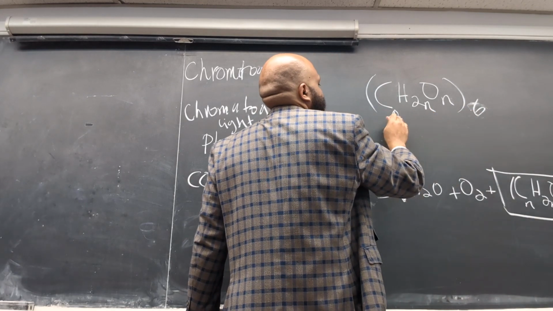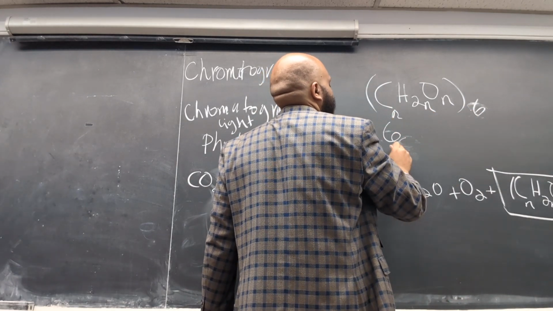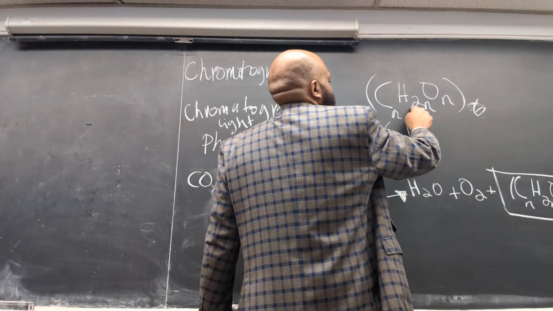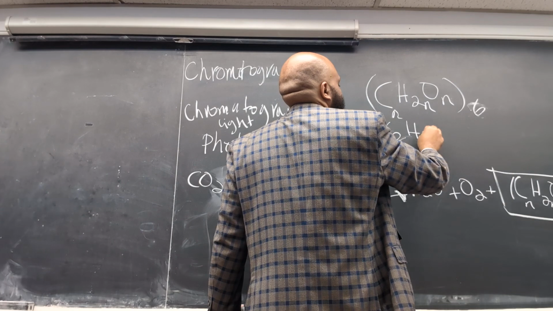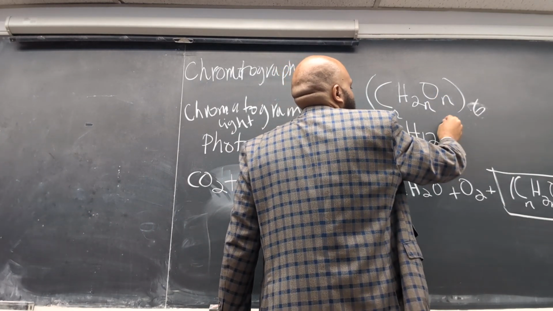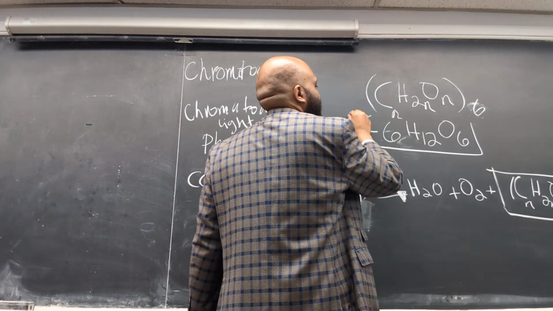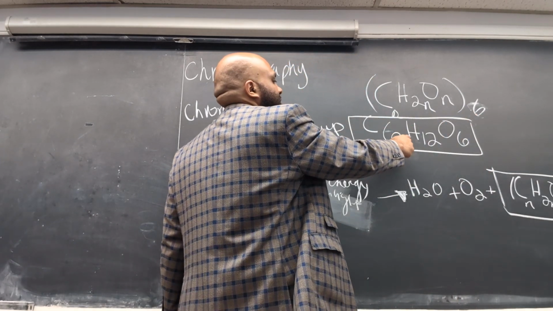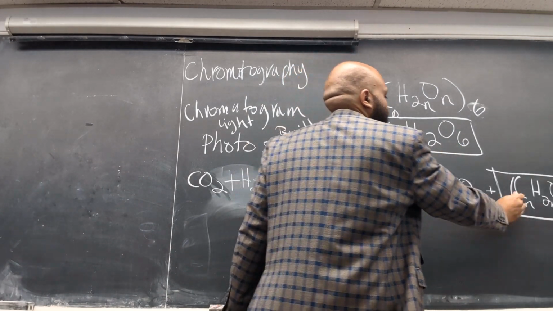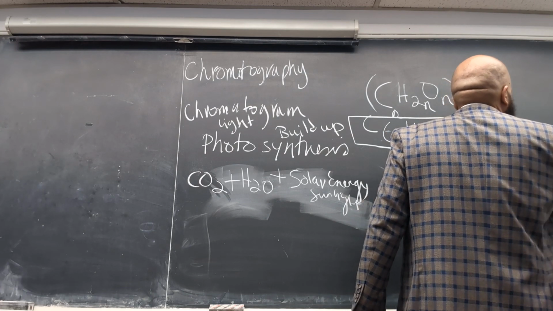So 6 times carbon, that's 6 carbon atoms, and 6 times 2n for the hydrogen, that's 12 hydrogens, and 6 times n for the O, that's 6 oxygens. That is the formula for glucose: 6 carbons, 12 hydrogens, and 6 oxygens.